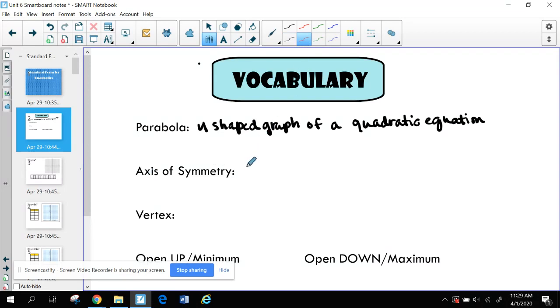The axis of symmetry is going to be a vertical line passing through the vertex of a parabola.